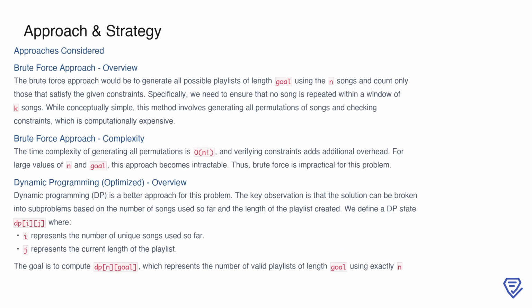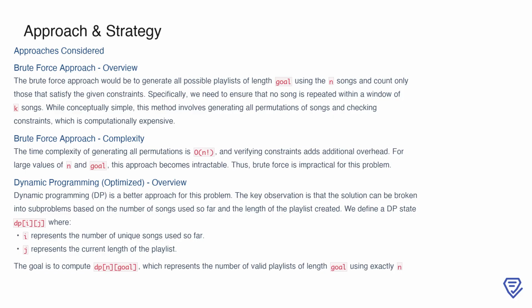To approach this problem, let's first consider the brute force method. The idea here is to generate all possible playlists of the required length, goal, using the n available songs. We would then count only those playlists that satisfy the given constraints, such as ensuring no song is repeated within a window of k songs. While this approach is straightforward conceptually, it involves generating all permutations of the songs and checking each one for validity.